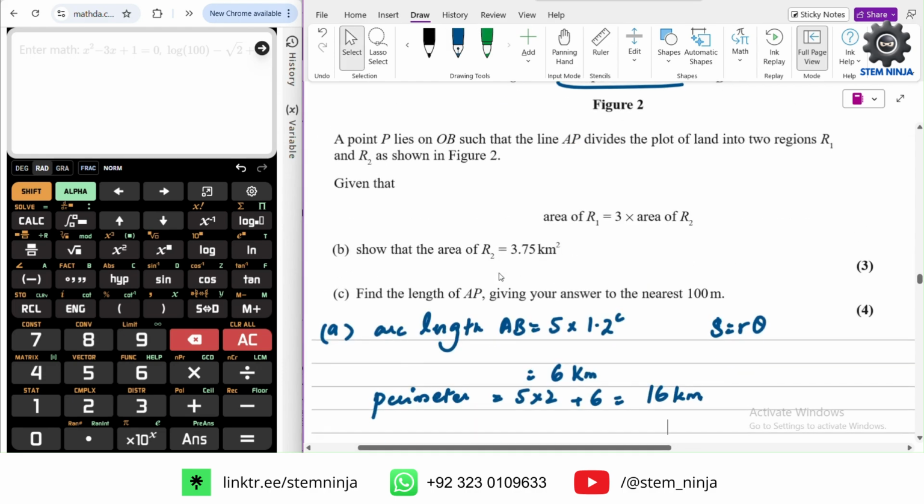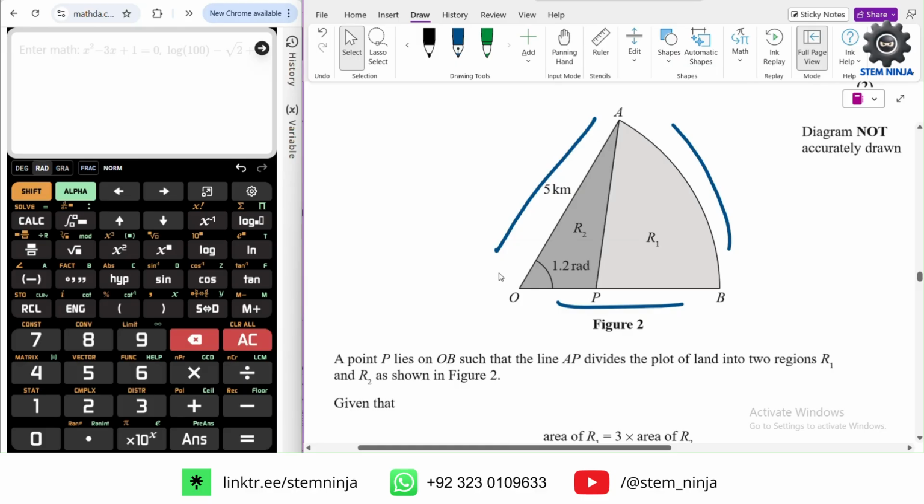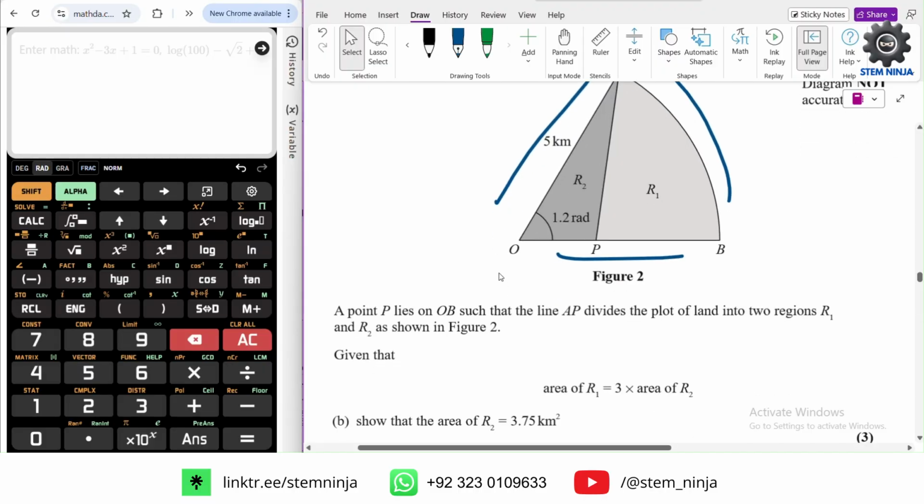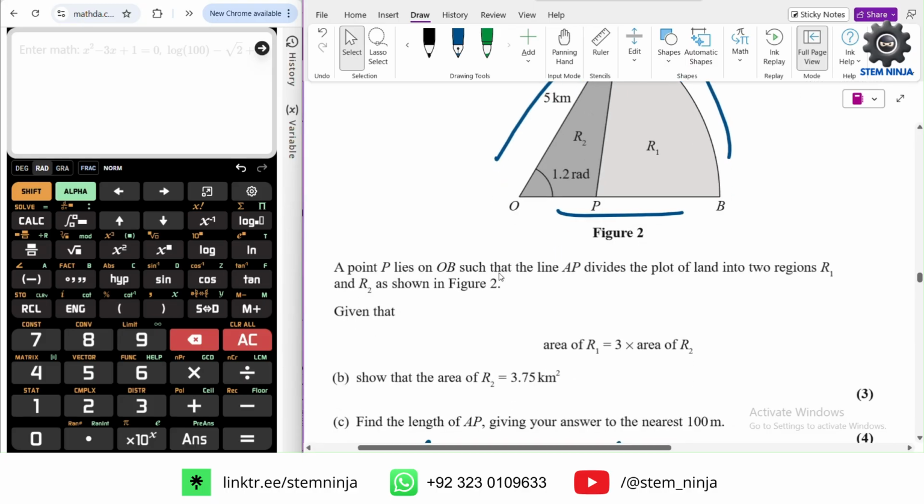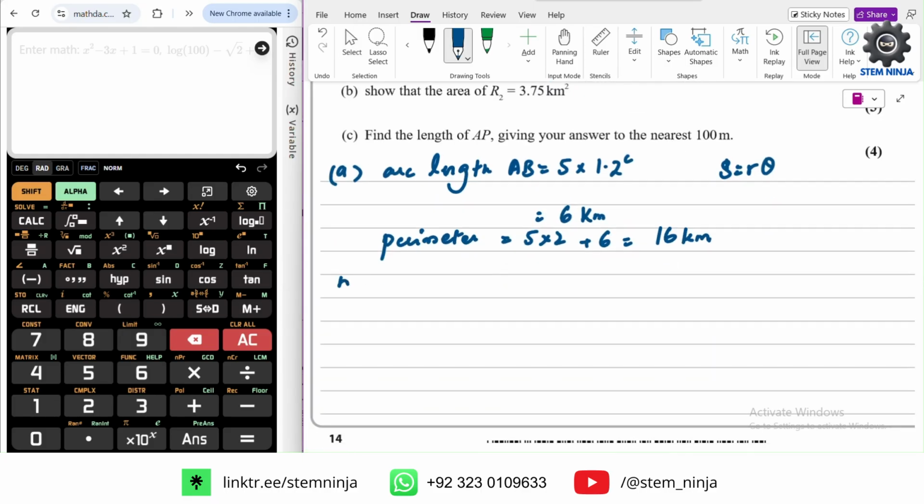Now, point P lies on OB such that the line AP divides the plot of the land into two regions, R1 and R2, as shown in figure 2. Given that area of R1 is equal to 3 times by area of R2, show that the area of R2 is that. Okay. So, area of sector OAB is equal to area of R1 plus area of R2.